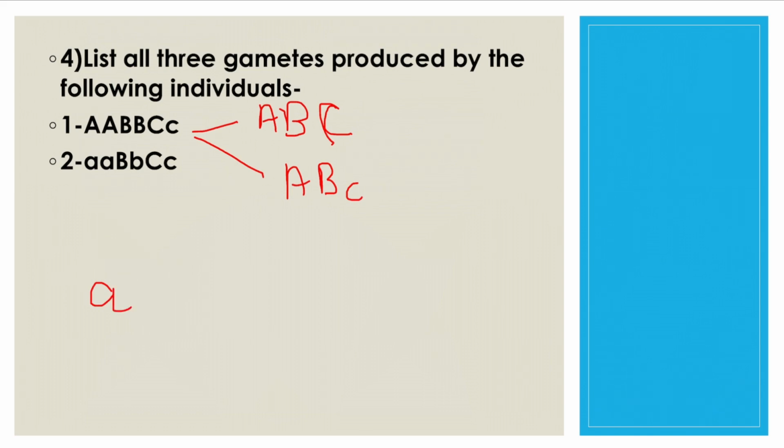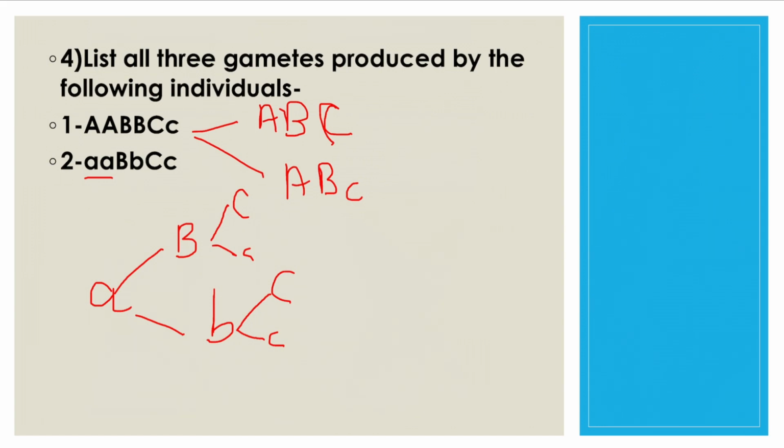A. Since this is homozygous, you will write only one A. Then you will multiply it with both the alleles of B, that is capital B and small b. Then you will multiply capital B with both the alleles of C, that is capital C and small c. And you will also multiply this small b with capital C and small c. Then you can know how many gametes will form.